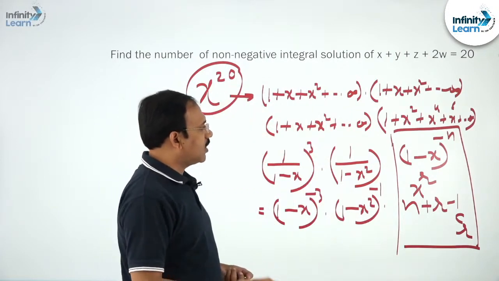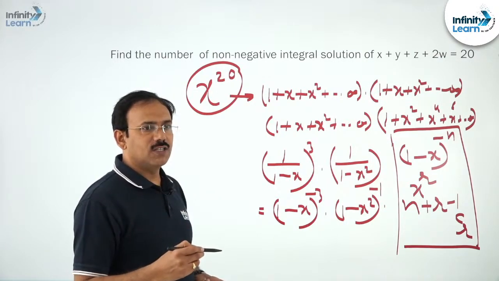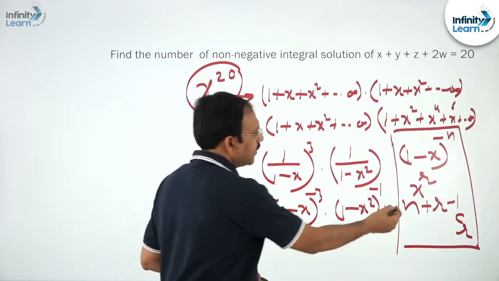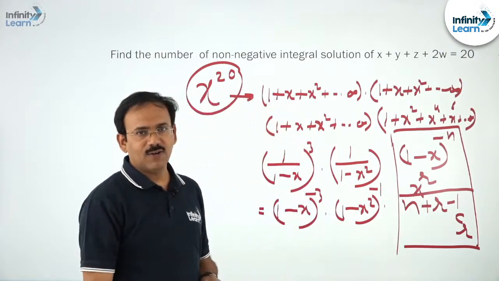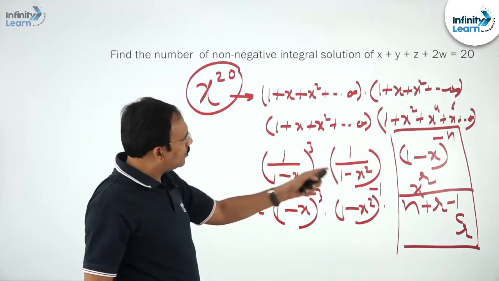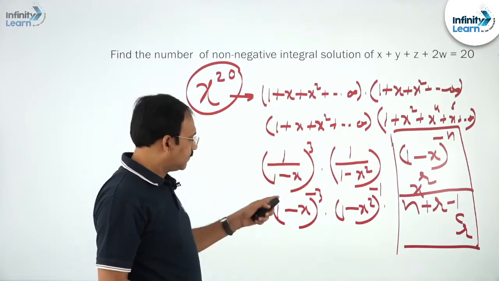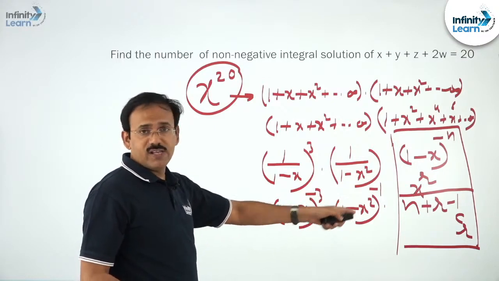In the expansion of 1 minus x whole power minus n, x power r coefficient is going to be n plus r minus 1 CR. Okay. So here of course cases will be there: constant term into x power 20 coefficient here, x coefficient into x power 19 will not be there, only even powers will be there.